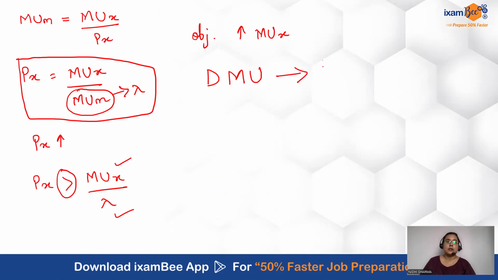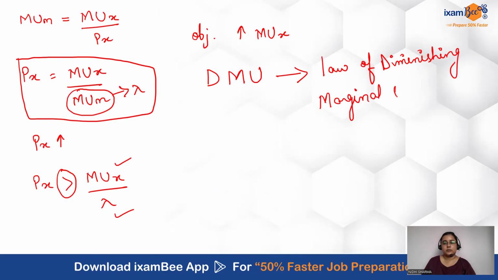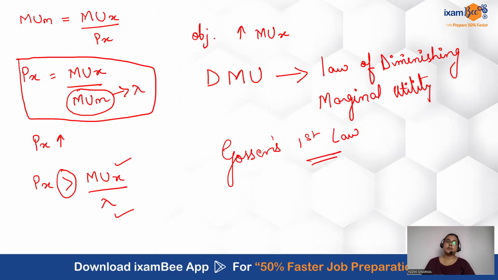This law is also known as Gossen's first law. What does the law of diminishing marginal utility tell us?